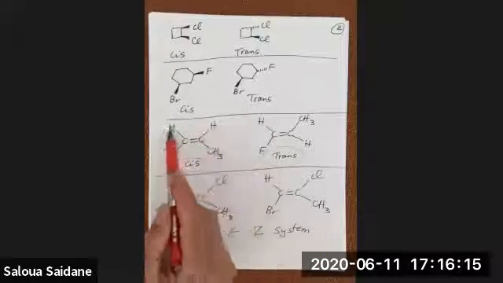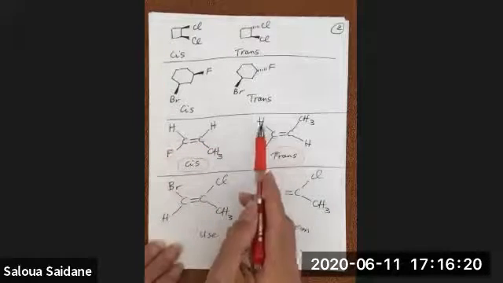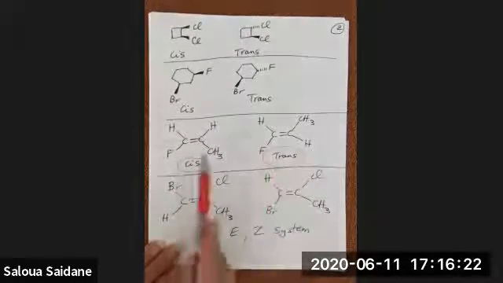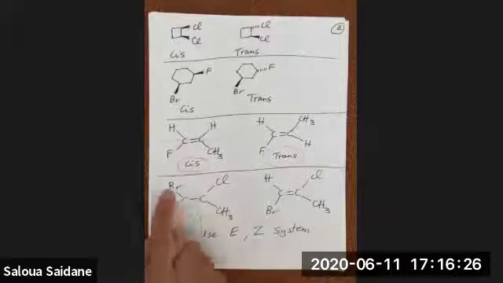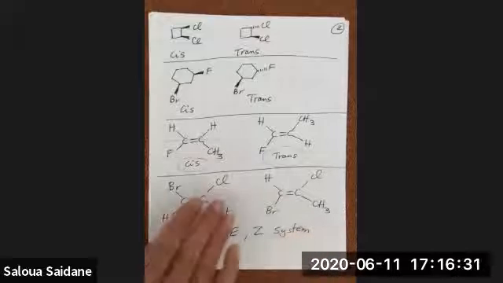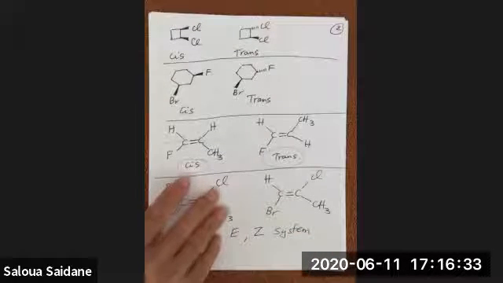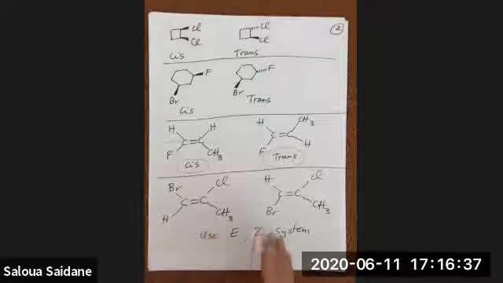So anything that is identical on both carbons can be called cis, and opposite can be trans, as long as they are the same kind of substituent. But in here, we have 4 different substituents. So how are we going to name it, cis or trans? Well, there is a rule for these things, and you're going to call it E or Z.